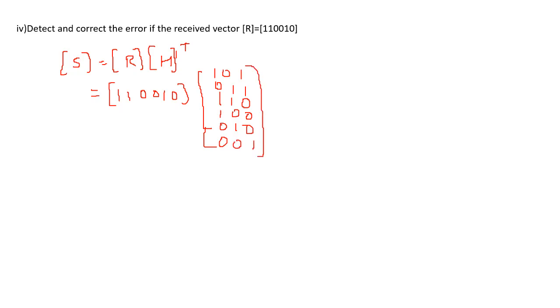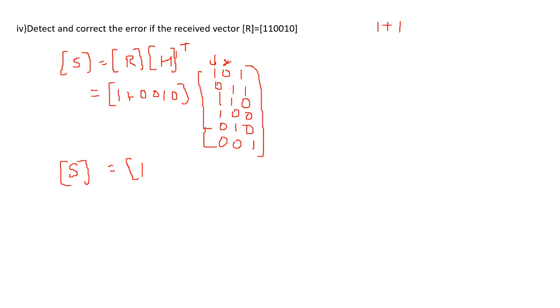So we'll do the matrix multiplication. Finally we are going to get an S matrix. First, this row into the first column, we are going to get the element as 1. Next, this element 1 multiplied with the second column: 1 into 0 is 0, 1 into 1 is 1, then 0 into 1 is 0, 0 into 0 is 0, 1 into 1 is 1 and 0 into 0 is 0.